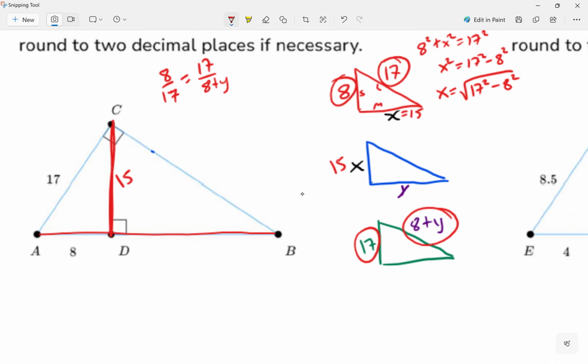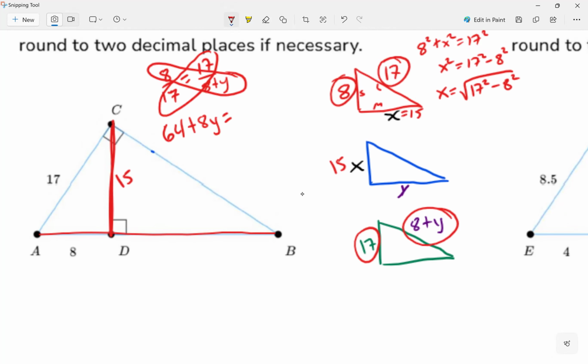Now let me cross multiply it here. 8 times 8 and 8 times y gives me 64 plus 8y. On this other side, 17 times 17. I'm going to use my calculator for that.